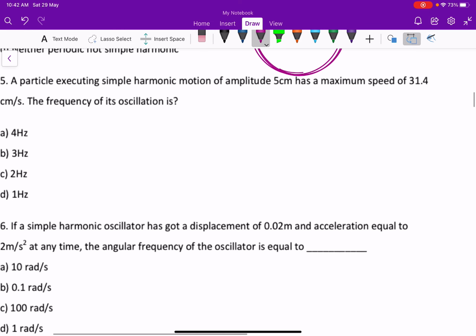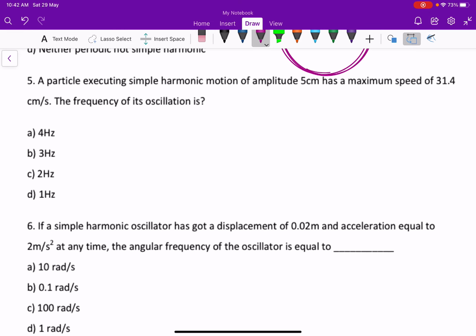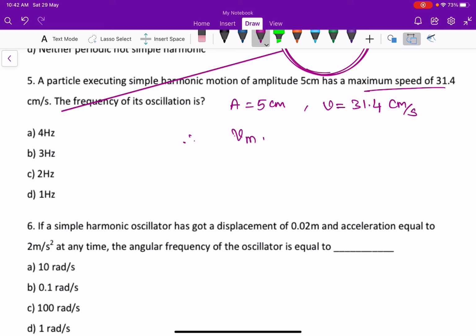Next one: a particle executing simple harmonic motion of amplitude A equal to 5 centimeters has maximum speed v equal to 31.4 centimeter per second. The frequency of its oscillation is? We know v maximum is equal to omega into A. So 31.4 equals 2 pi f into A, with amplitude A equal to 5.